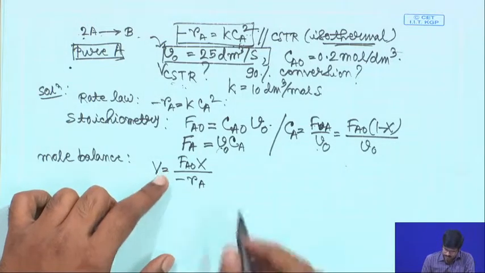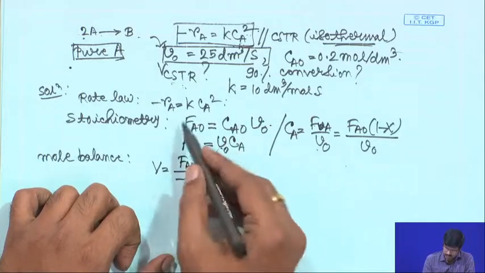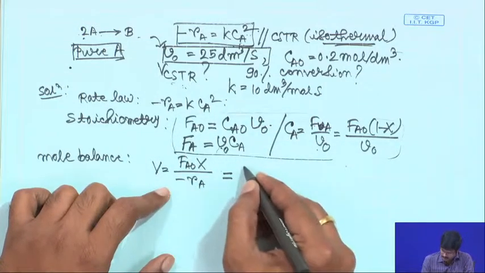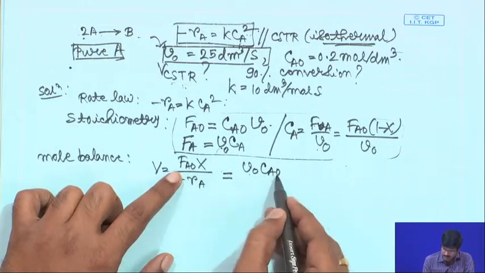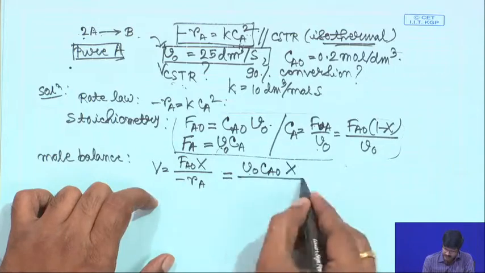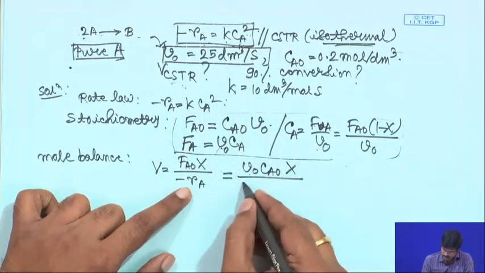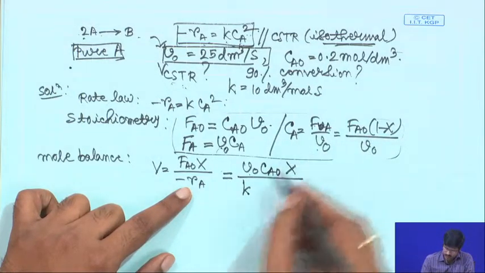From these relationships, what can you write here? You can write v0 into CA0, because FA0 is basically v0 into CA0, into X divided by minus rA. Minus rA is k into CA square. Now, what is CA?